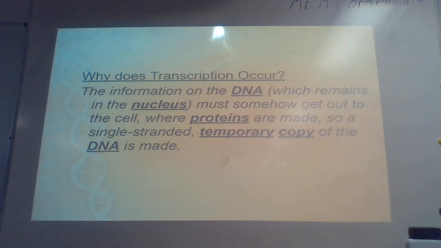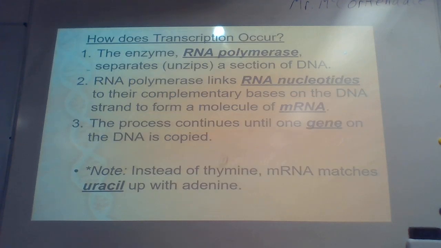Why? Because all of the information that we need to make proteins is coded on that gene. So we'll make a quick copy of the DNA, then make a copy of the mRNA, and then send the mRNA off because we need to make a protein.